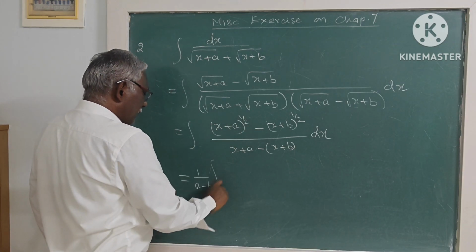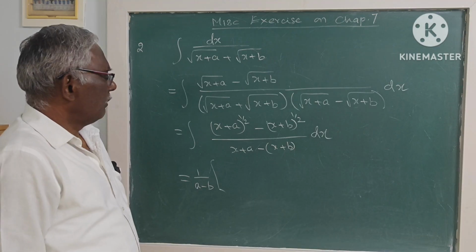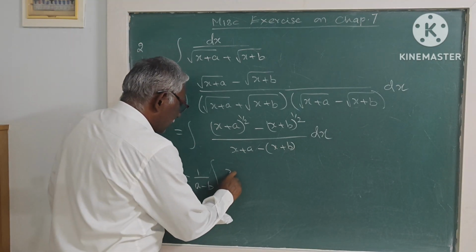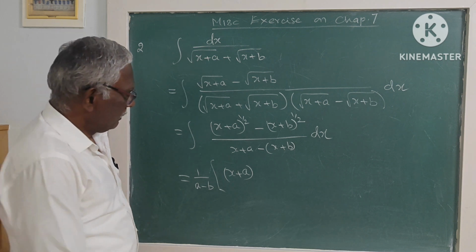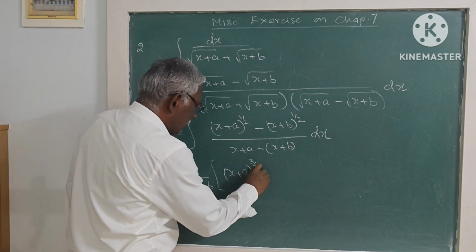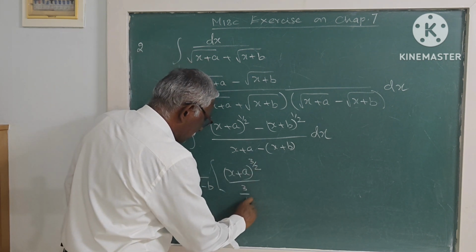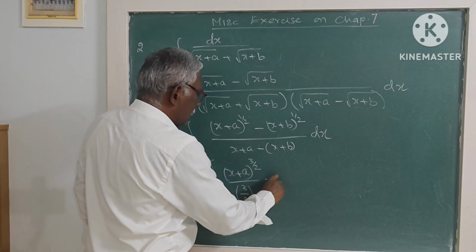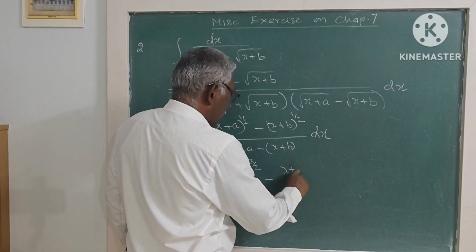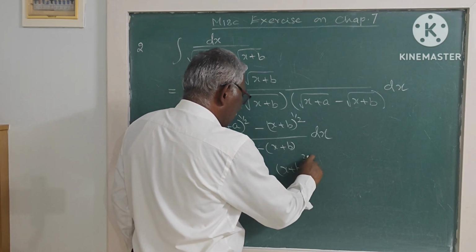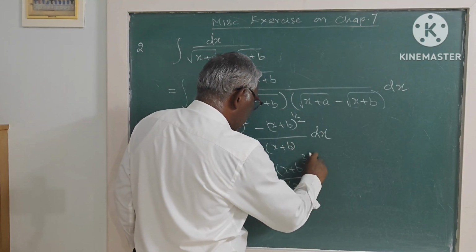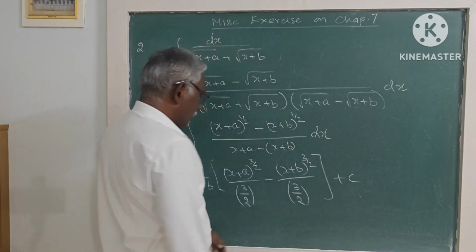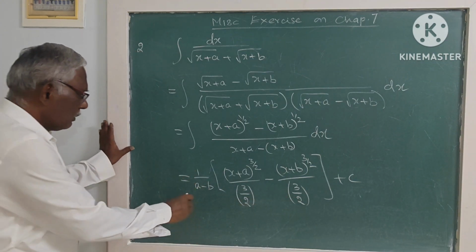Then on integrating (x plus a) power half, we get (x plus a) power half plus 1 by half plus 1, so 3 by 2 by 3 by 2, minus (x plus b) power 3 by 2 by 3 by 2. Now this 3 by 2 we can take outside.